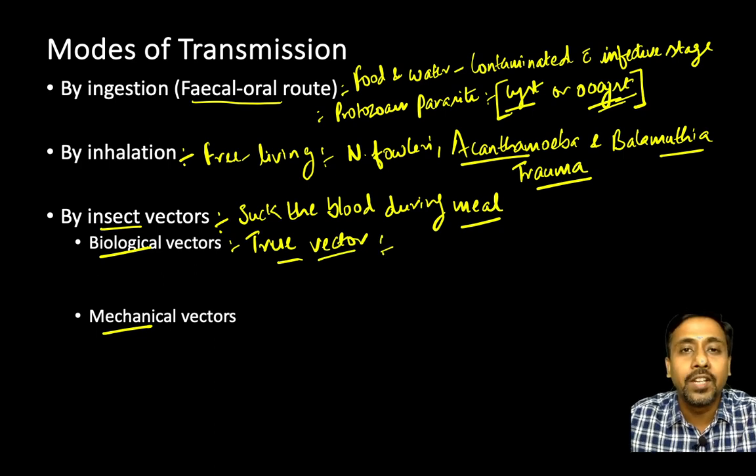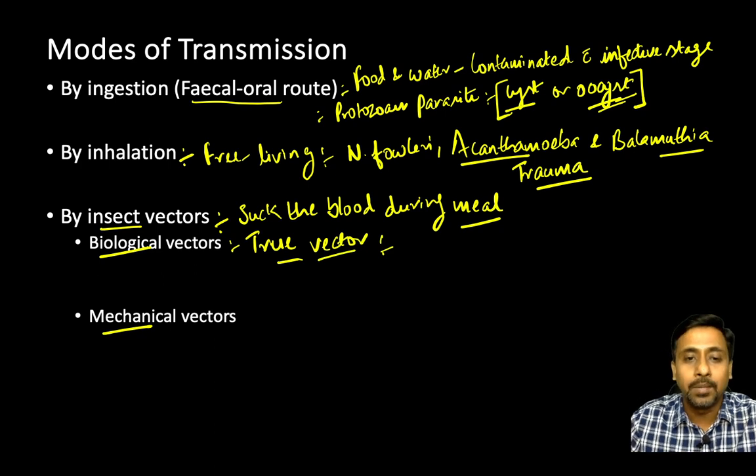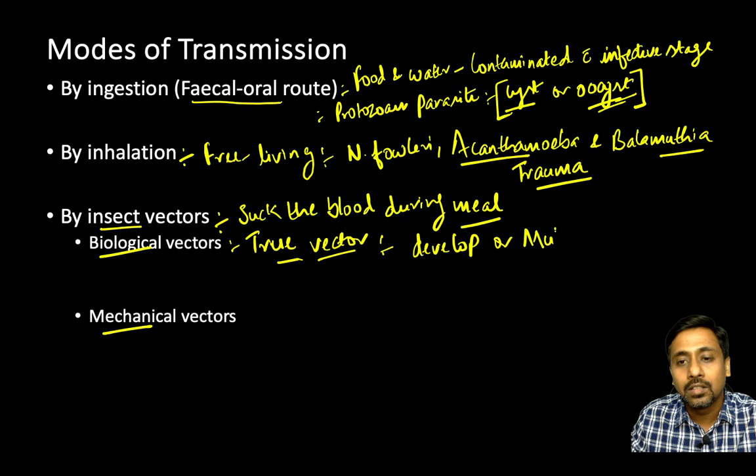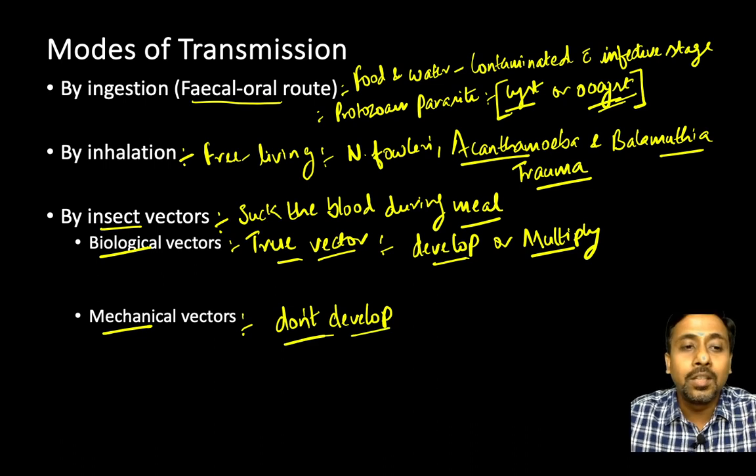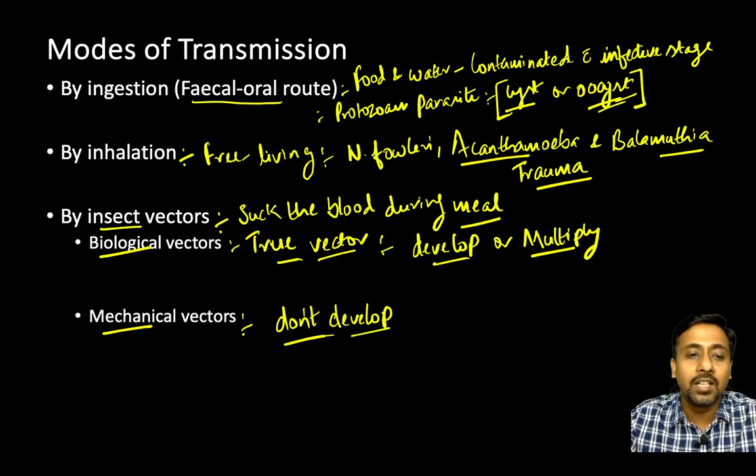Because in biological vectors the parasite can develop or multiply, whereas in mechanical vectors they don't develop or multiply. So this is the basic difference between the biological and mechanical vector.